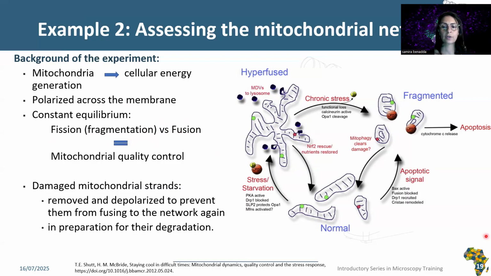One of the functions of this process is mitochondrial quality control. Damaged mitochondrial strands are removed and depolarized to prevent them from fusing to the network again, in preparation for degradation. The equilibrium may change depending on the metabolic demands on the cells, and a better understanding of these dynamics and their effects will provide insight into possible treatment strategies during neurodegeneration.